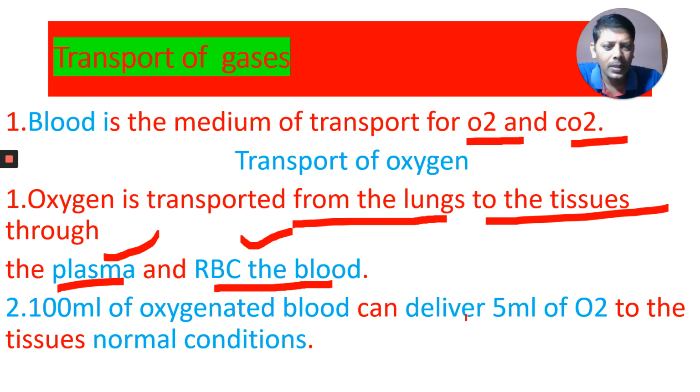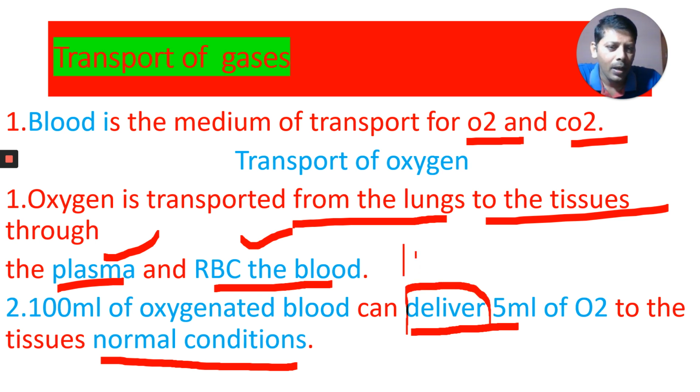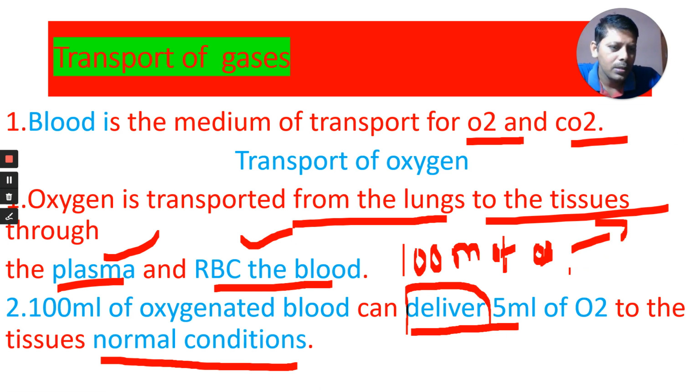100 ml of oxygenated blood can deliver 5 ml of O2 to the tissues under normal conditions. It is only delivering 5 ml. Actually, 100 ml of oxygenated blood possesses around 20 ml of oxygen.